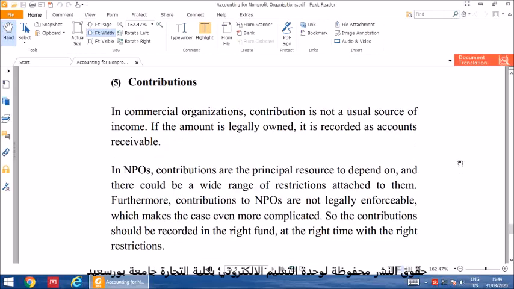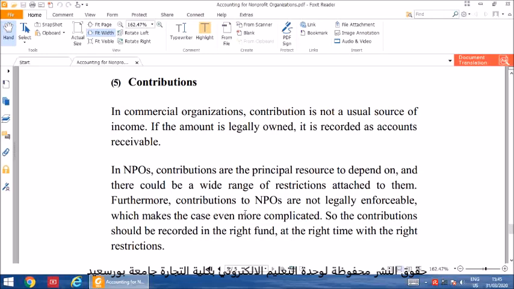In non-profit organizations, contributions are the principal source to depend on, and there could be a wide range of restrictions attached to them.